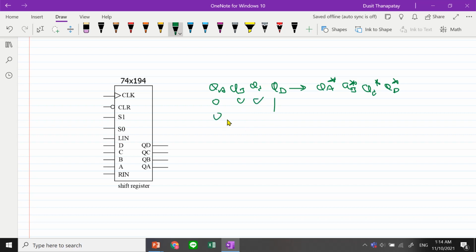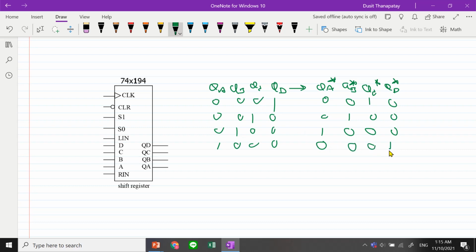And the next is 0, 0, 1, 0, then 0, 1, 0, 0, then 1, 0, 0, 0, and then back to 0, 0, 0, 1 again. So the next state of 0001 is 0010. The next state of this is 0100. The next state of this is 1000. And the next state of 1000 is 0001.